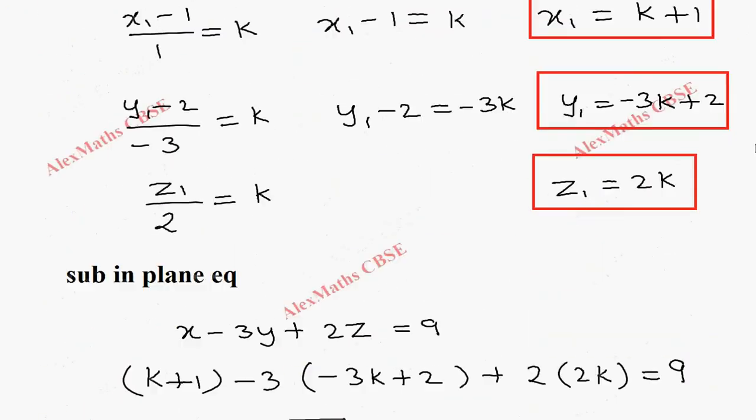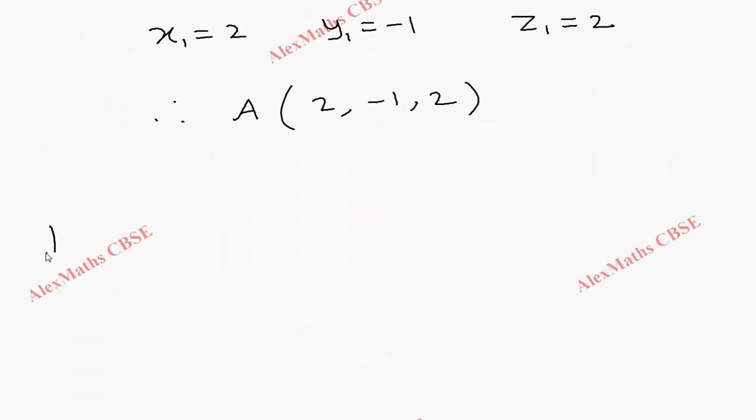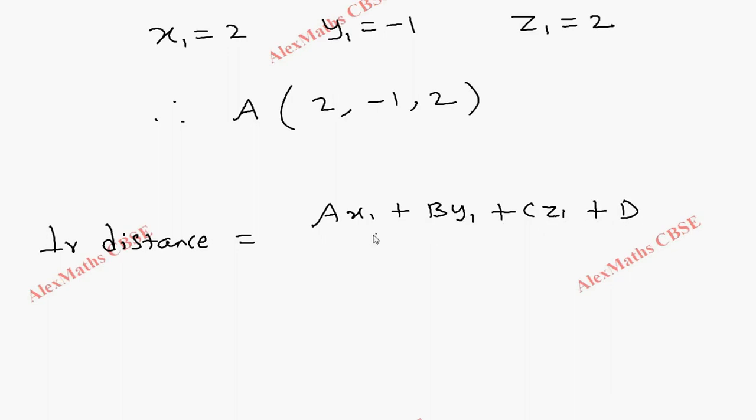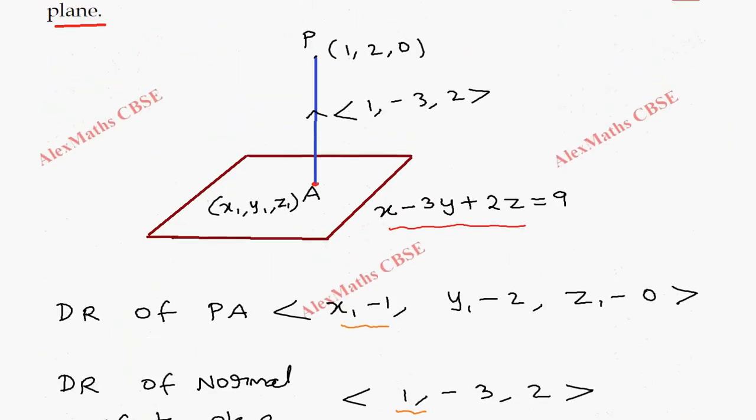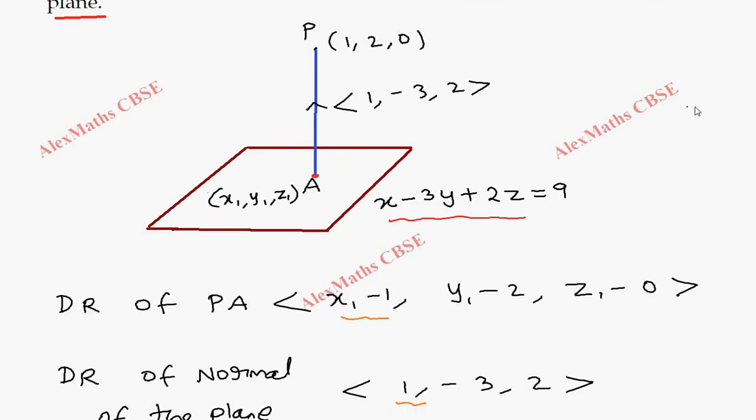Here we can straight away use the perpendicular distance formula: ax1 plus by1 plus cz1 plus d, whole divided by root of a square plus b square plus c square, within the modulus. We can either use this or we can use the distance formula between 2 points. Since we know the coordinates of A, we can find the distance PA.